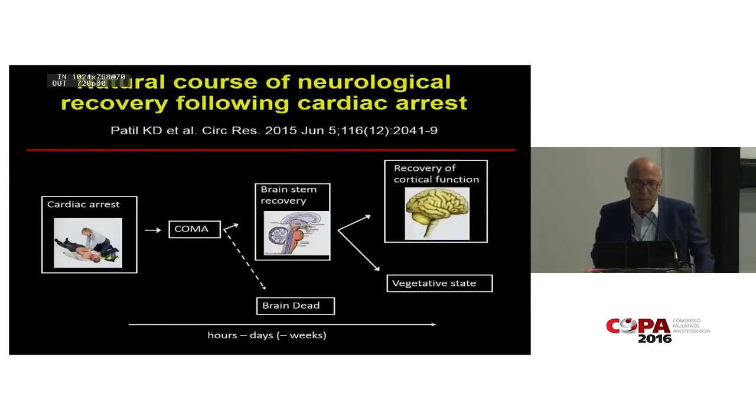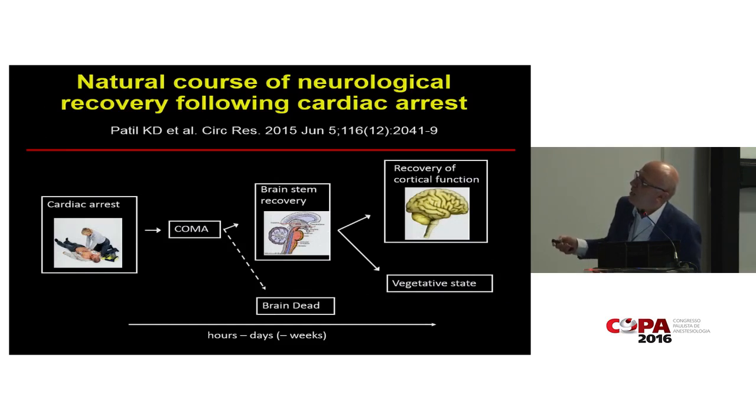When we look at patients with cardiac arrest, we are mainly focused on the resuscitation maneuver, and we look less carefully at what happens to the patients afterwards. So we should be more interested in the near future in the secondary brain damage after cardiac arrest. You know that we have two possibilities.